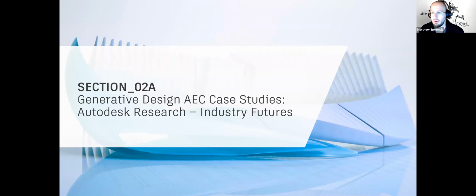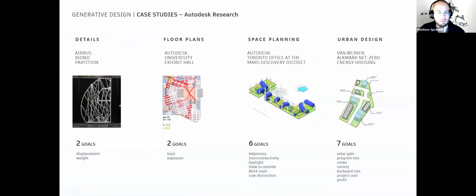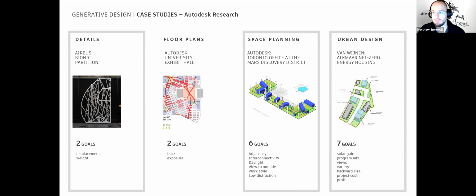So how are people using generative design? It's great that it's evolving as a technology and as an approach, but how are people solving problems with this? So first, I'm going to share some examples from Autodesk research. And out of these 4 examples, I'm going to talk about 3 to give you an idea.